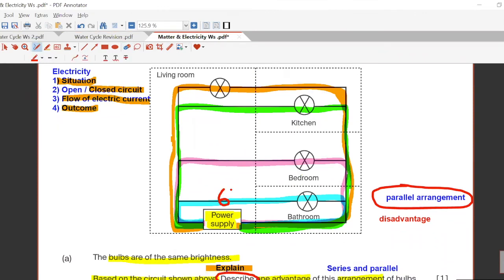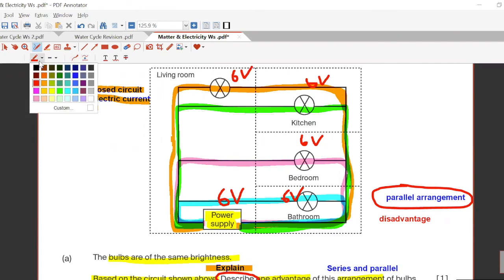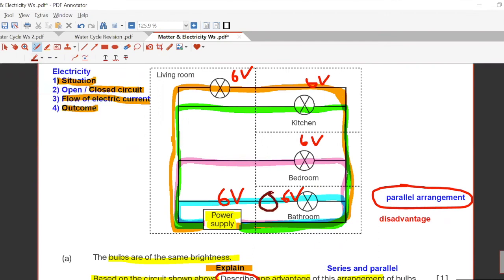So let's say this is 6 volts. Volts is the unit for electricity. My bathroom will be what? 6 volts. My bedroom will be what? 6 volts. My kitchen will be what? 6 volts. Yes. My living room will be what? 6 volts. If everything is connected in parallel. But let's say I put another bulb here in series.